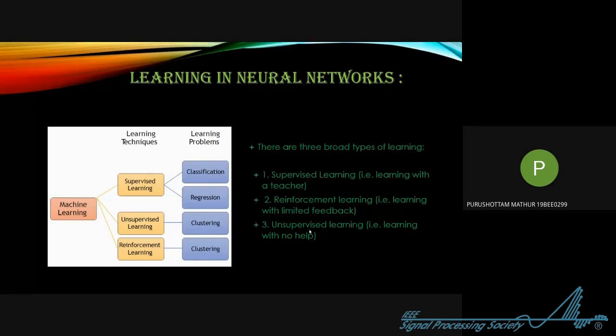Supervised learning is a learning type where you have trained on a particular format of data in a specific way and then you are using it for a particular task. So it is basically task oriented learning. Reinforcement learning is learning with limited feedback.